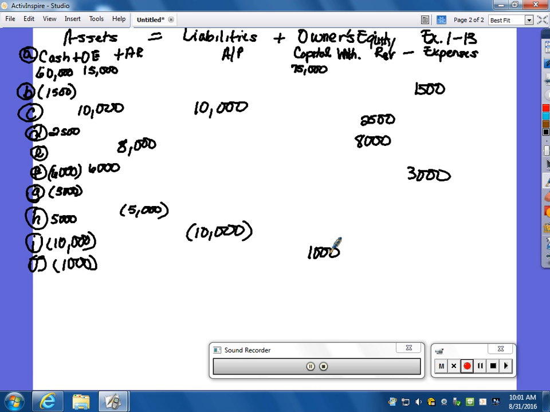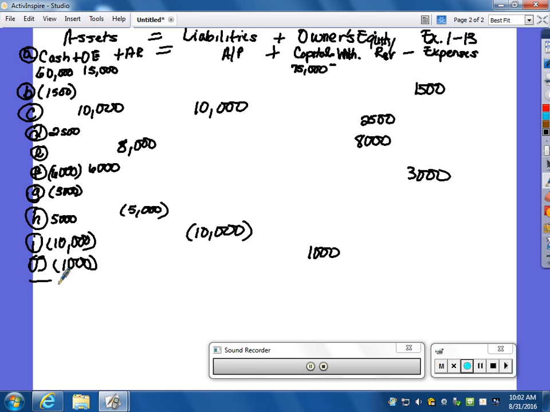Withdrawals, owner withdrawals, call it whichever you like. The way that the equation goes, assets equal liabilities plus owner's equity. When you get down this line, you're going to take capital, take out withdrawals, add revenue, deduct expenses. Everybody's clear about that?